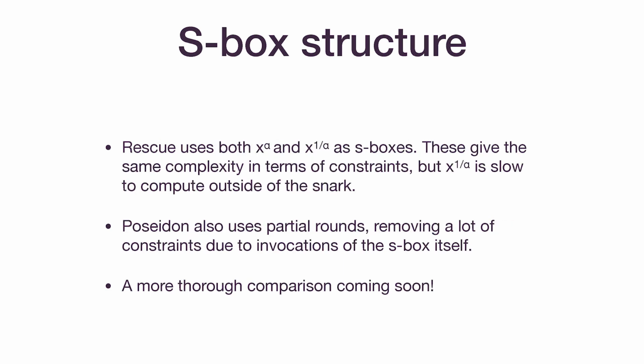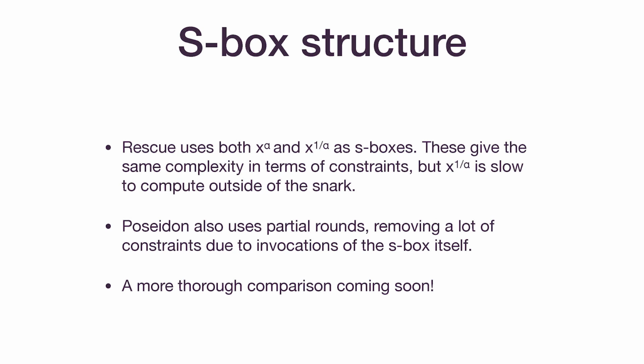So Rescue uses both x to the alpha and x to the 1 over alpha as S boxes, which is exactly the same number of constraints inside the SNARK, but if you want to be nice to your prover as well, then they might want to run the hash function outside of the SNARK as well.